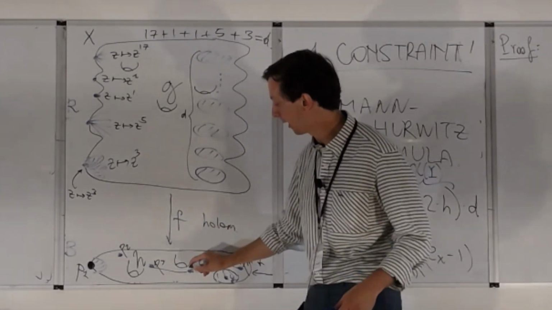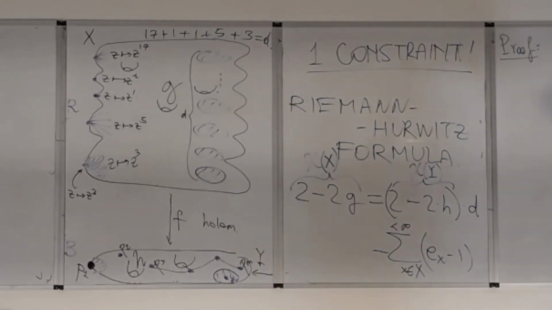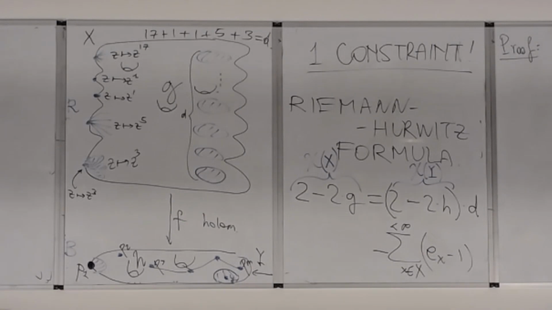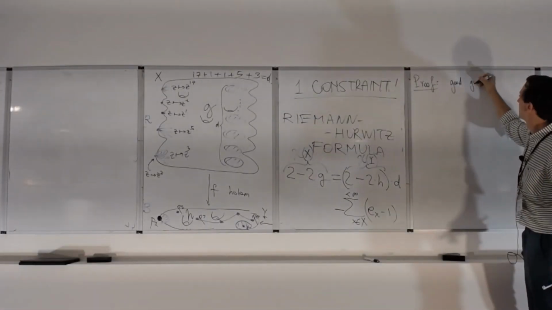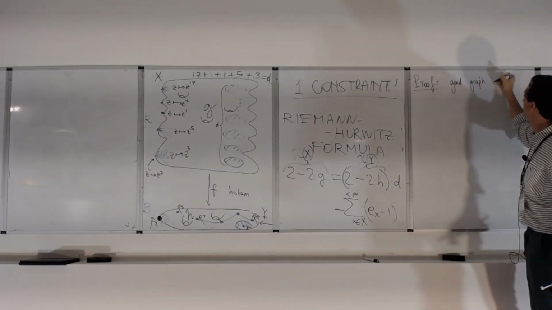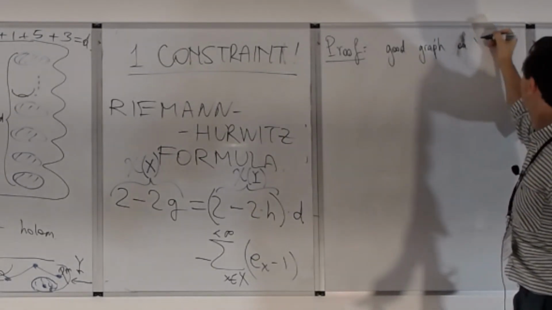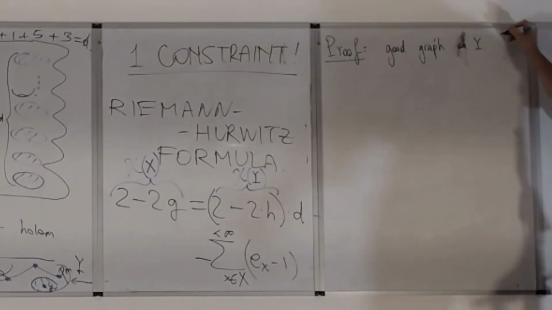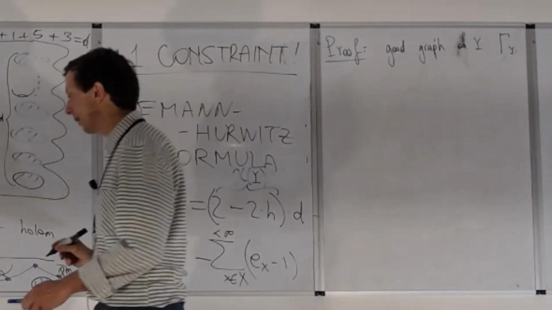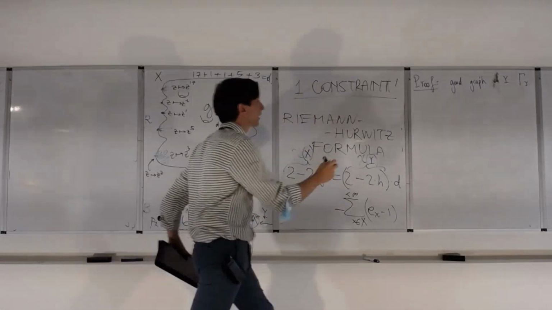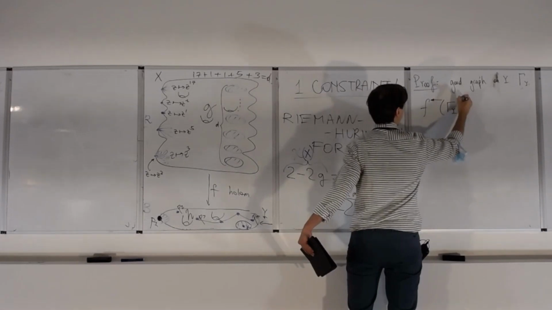Every time you have a genus, you have to break this, so that the faces are disks. So now it's Elba's course. You take a good graph, what is called a good graph, on Y. Let me call it gamma Y. Okay, and now what happens? You take the f pre-image of gamma Y, and you call this gamma X.